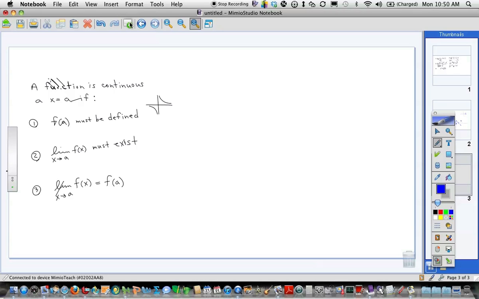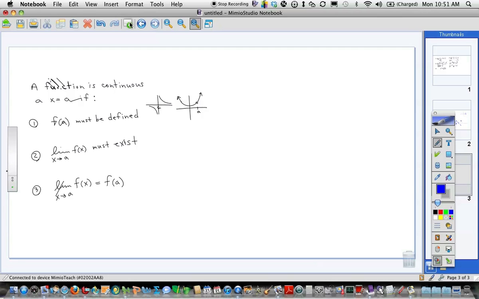All right? What would be another one where there's no output? A hole in the graph. So if I've got a parabola except it's got a hole right there, this would be point A on this one. This is not continuous. You'd have to lift your pencil, right?